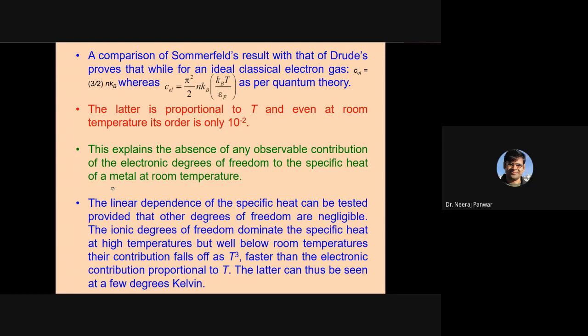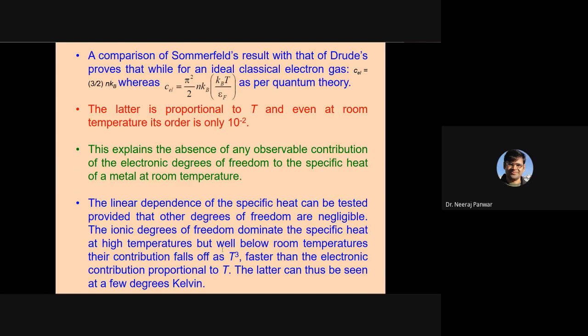So if we want to observe the electronic specific heat, then we need to suppress all other degrees of freedom which are contributing to the total specific heat. For example, the ionic degrees of freedom dominate the specific heat at high temperatures, but well below room temperature, their contribution falls off as T cube.